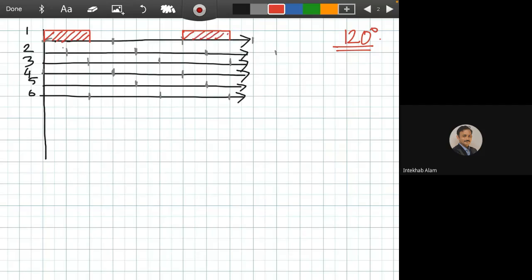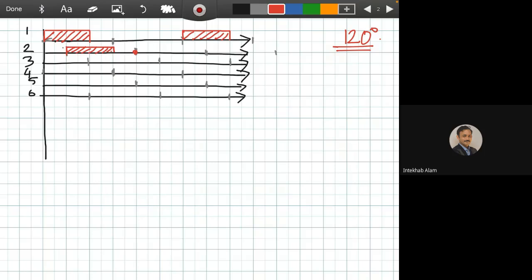Okay, and switch 2 is from here, sorry, switch 2 is from here, and it will conduct up to its 120 degree, not up to this point. You can see that it's conducting for 120 degree, not up to this point.